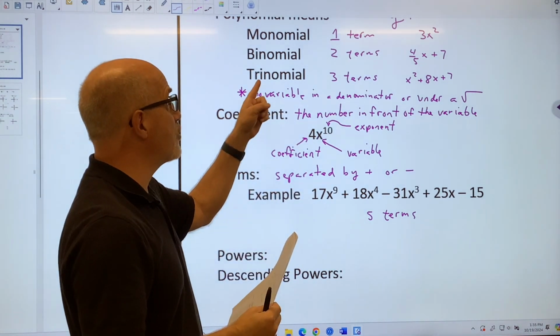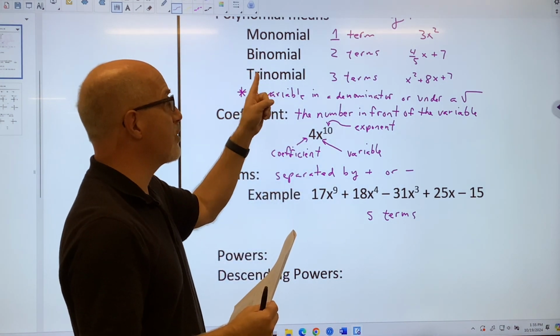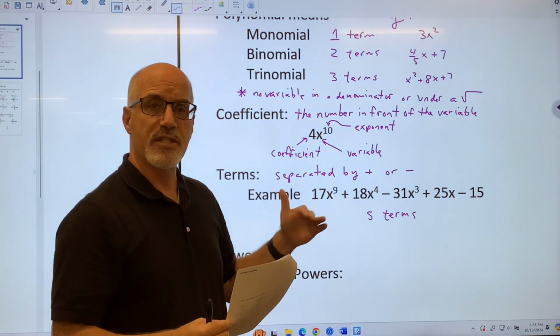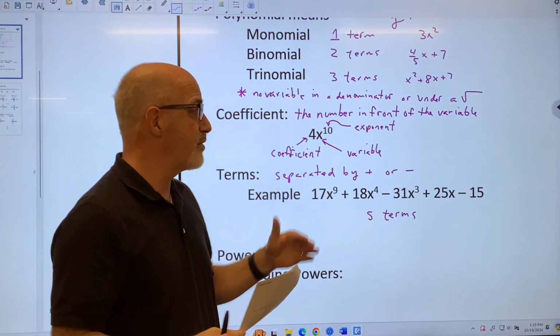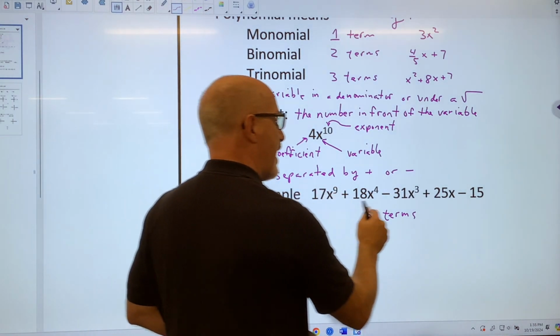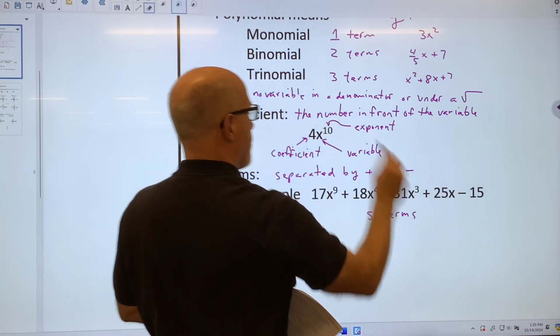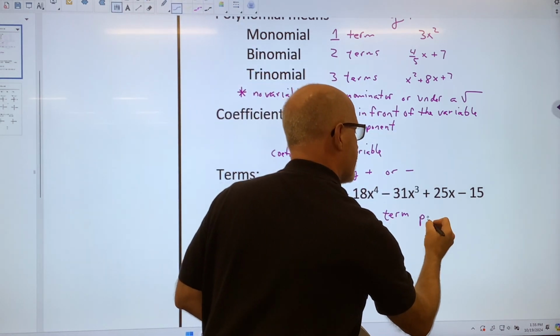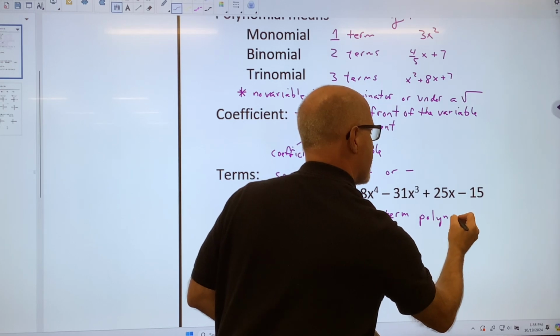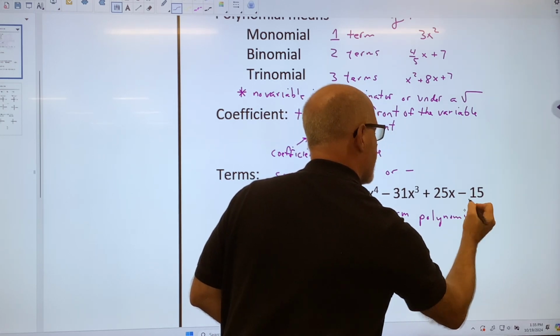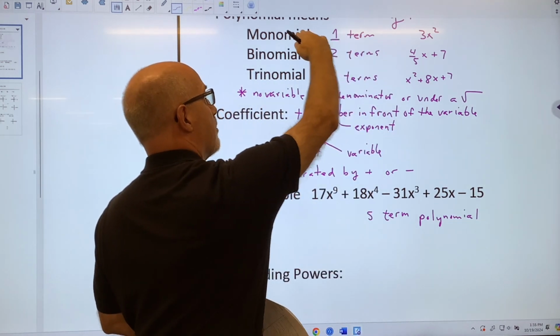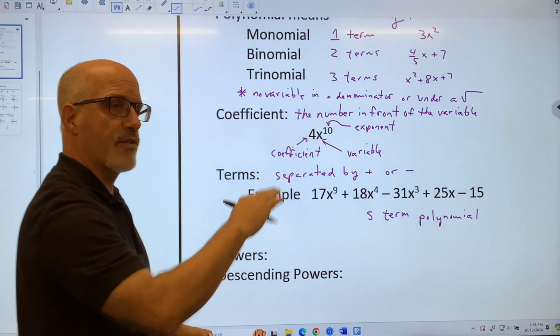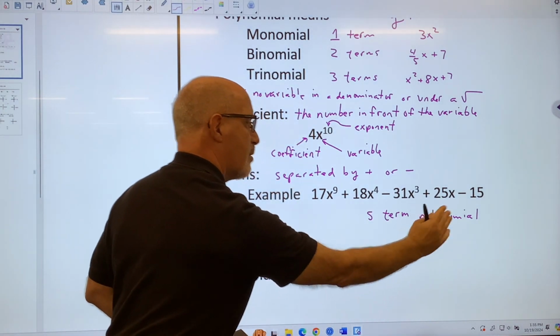Now, if it's larger than a monomial, binomial, or trinomial, you just label it by the number of terms. Like this, we would say a 5-term polynomial.